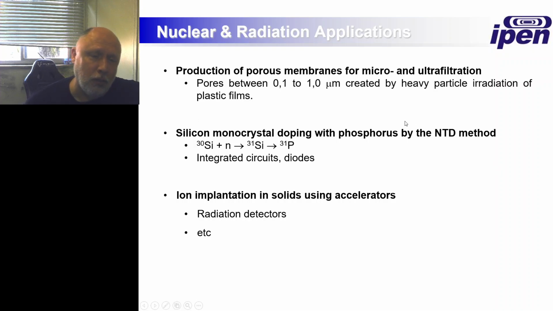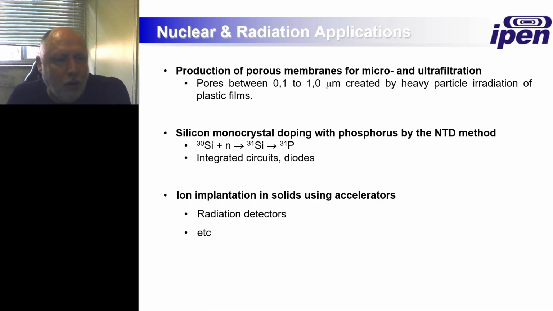One other thing, and this was done in a nuclear reactor, for instance: you can get a silicon monocrystal and irradiate it in a nuclear reactor. Silicon 30 will interact with a neutron producing silicon 31 that decays to phosphorus 31. And when you do that, you just doped your silicon crystal with phosphorus, which is what you want for circuits, diodes, and everything.